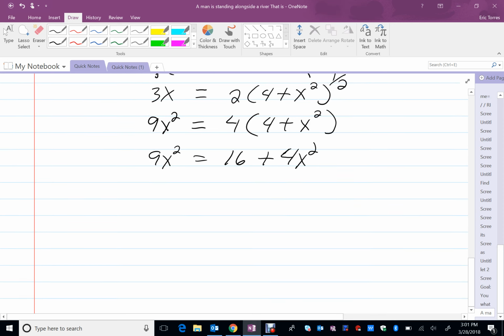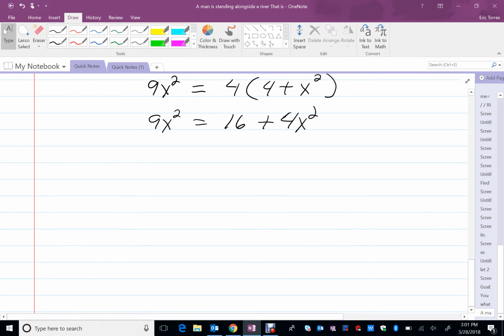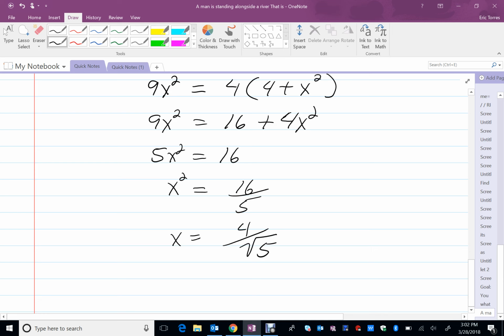I'm going to put the x squareds on both sides by subtracting 4x squared. And solving for x, which gives me square root of 16 is 4 over the square root of 5 as my x value.